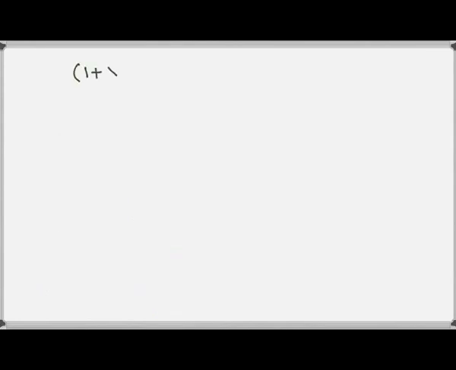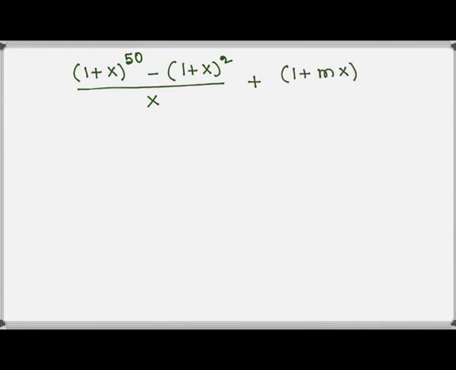So, our given sum turns out to be [(1 plus x) whole to the power 50 minus (1 plus x) whole square] divided by x plus (1 plus mx) whole to the power 50. Now let us write down the coefficient of x square in this sum.